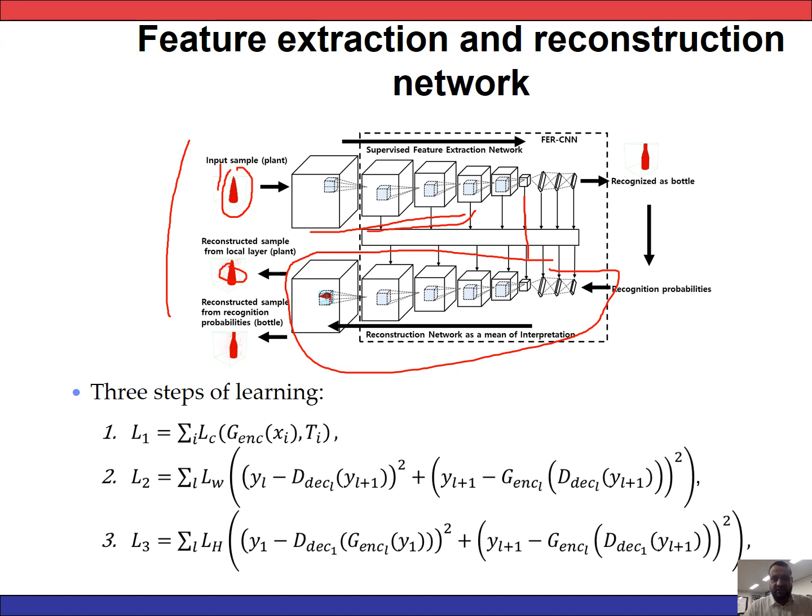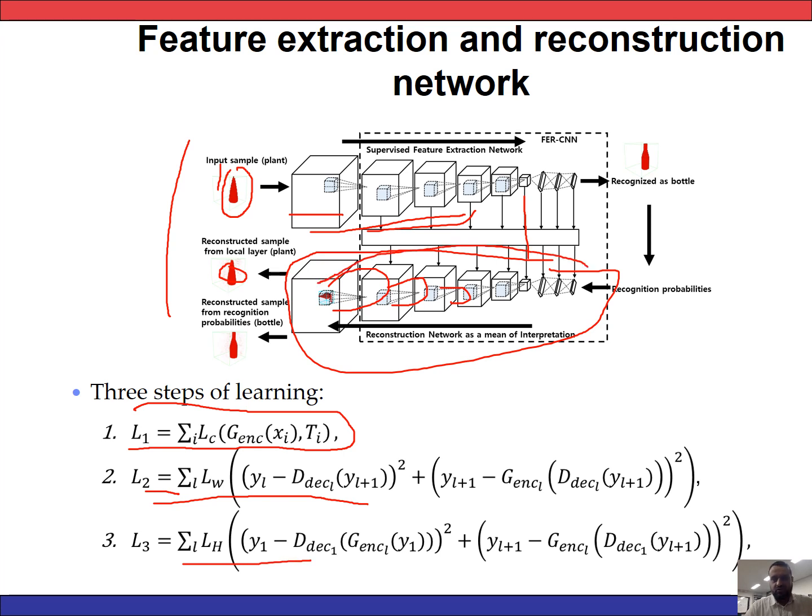There are 3 different steps of learning this architecture. The first one is learning the classification neural network, this one. The second part is learning layer-wise. So first we learn this layer, then this layer, then this layer. This is the objective of using layer-wise learning of this neural network. The third step is learning the whole decoder.